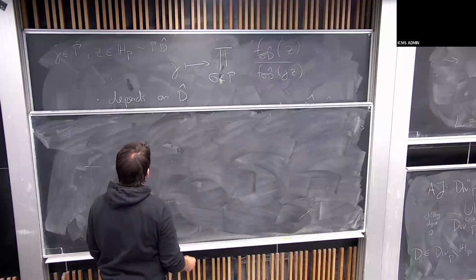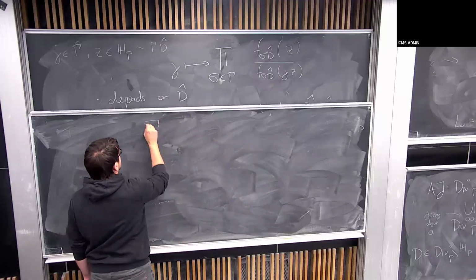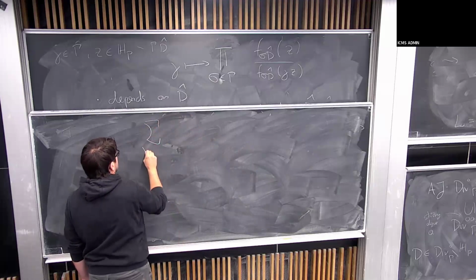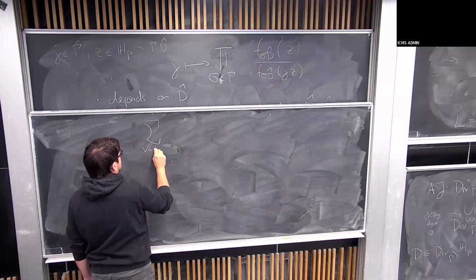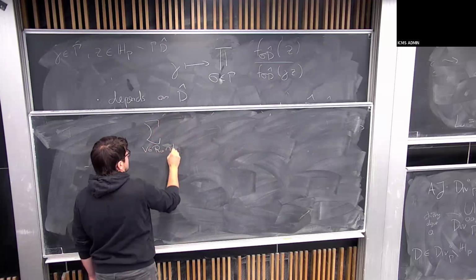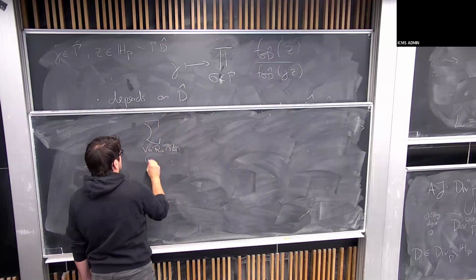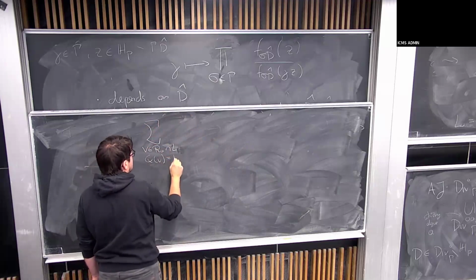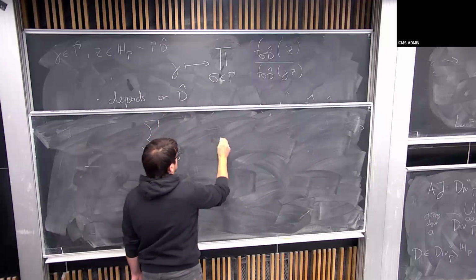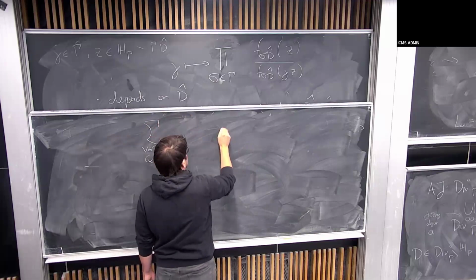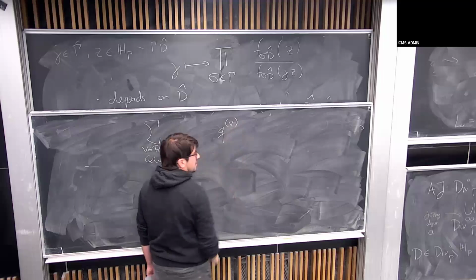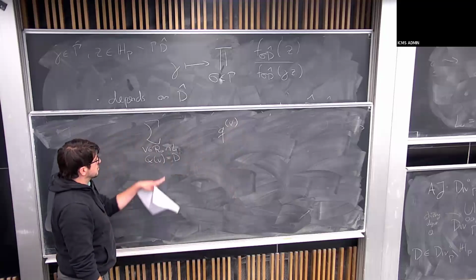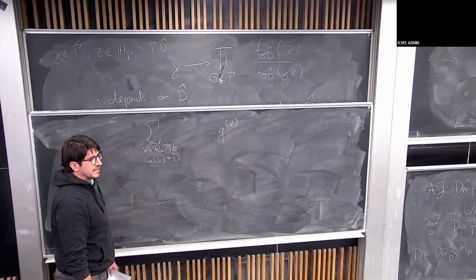So what can I do? Well, I start with all the vectors in this R naught intersected L, of length D, q to the Q of v. So that's your usual theta series attached to this definite quadratic lattice.